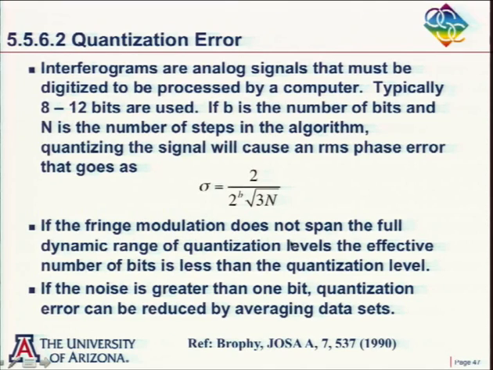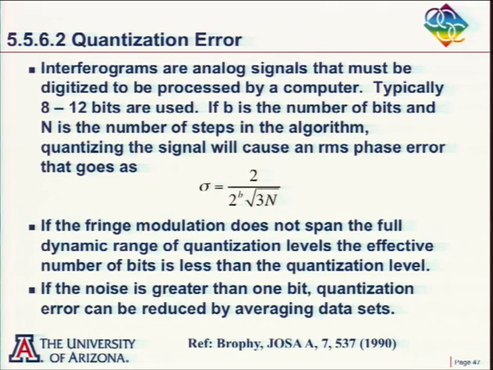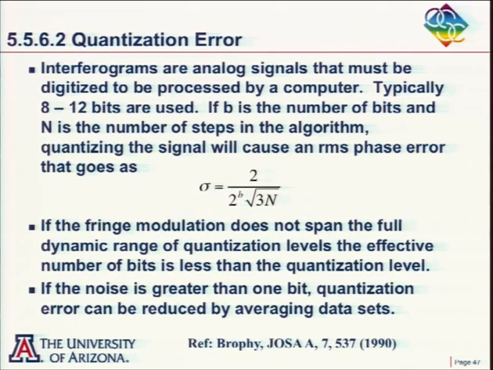Well, the whole thing is right down here in this sentence, that if the fringe modulation spans the whole dynamic range of the detector, then probably 8 bits would be enough. But the problem is, maybe you don't have 100% coherence, so that reduces the fringe contrast. Maybe the two beams are not matched in intensity, so that reduces the fringe contrast.